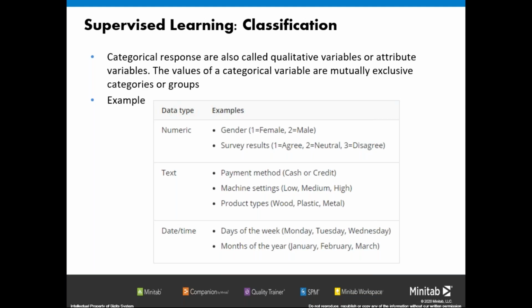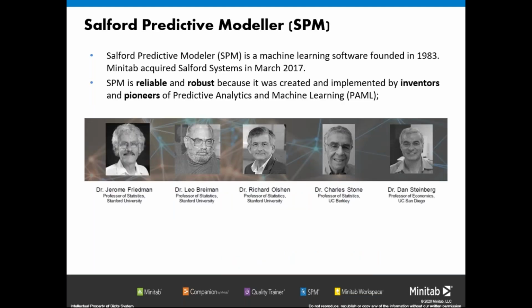Basically, Salford Predictive Modeler, SPM, is a machine learning software founded in 1983. In 2017, Minitab acquired Salford Systems.